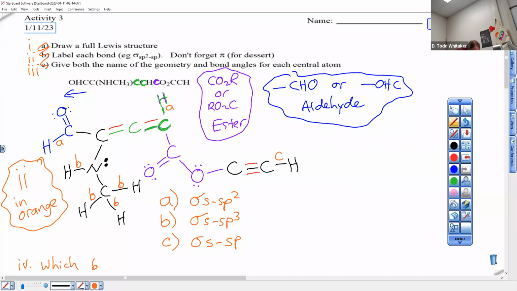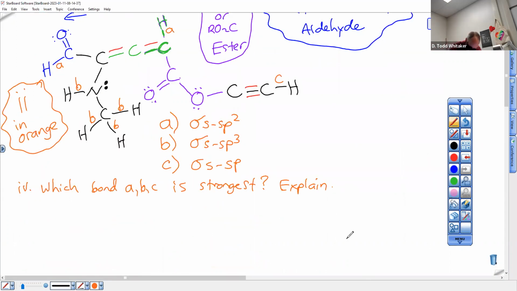And now he's going to add question 4. Which bond is strongest? 1, 2, 3. No, A, B, C, dude. I changed the labels and then I changed them again in my head. Explain. Anyone want to take a stab? She likes A. She likes C. The percent of S in C is 50%.